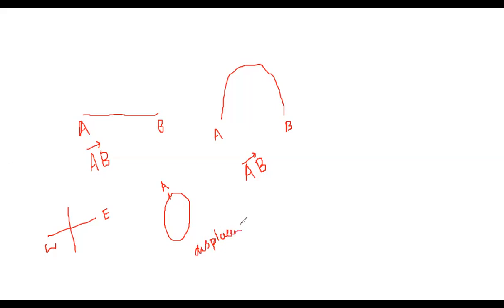But the traveling distance is the total circumference of the circle. The total circular path of the circle is the total covered distance. Mathematically, you can say that the circumference is equal to 2 pi r.